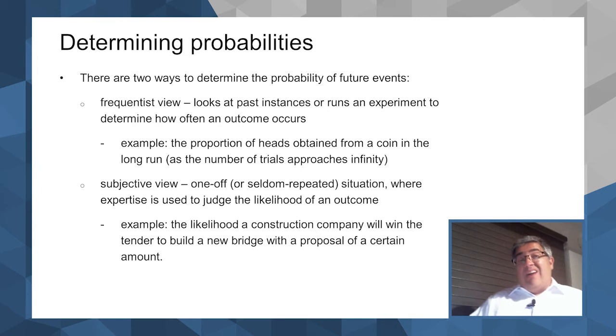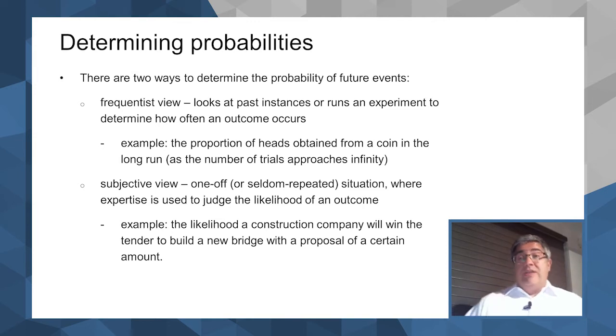So all of those end up being so unique in most cases that you don't have anything that was done that you can use to calculate probabilities. And so those are the two key ways and the two key views in which probabilities are calculated. One is called the frequentist view, where, because there's a lot of repetition, we look at the frequency with which, when we do something, when we make a decision, when we take a certain action, what is the probability of a certain outcome.